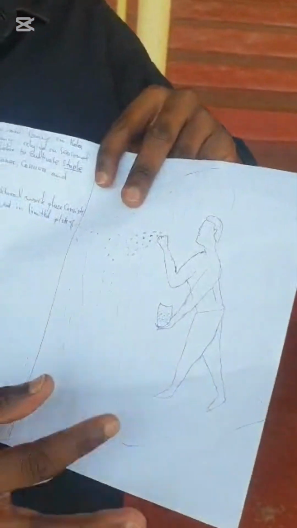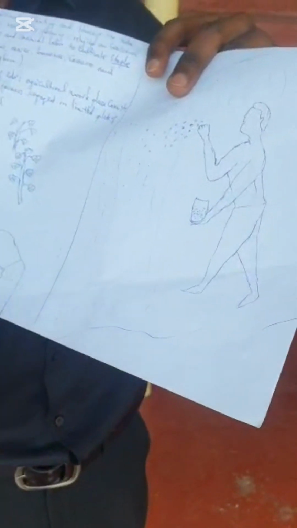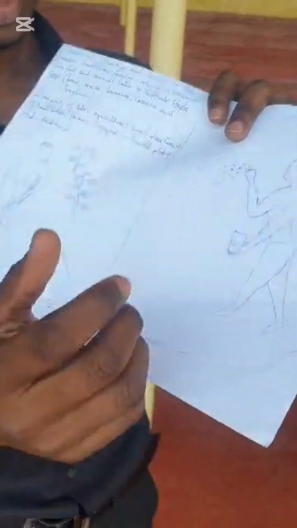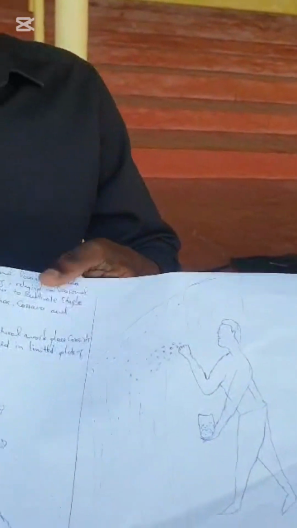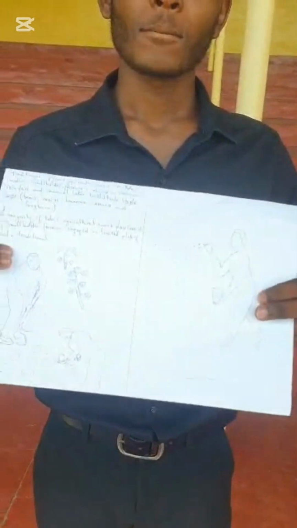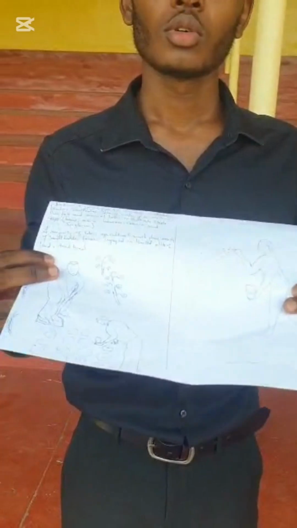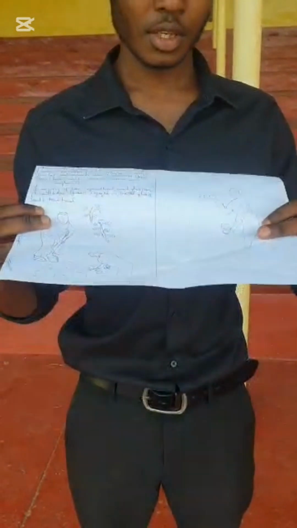Here there is another man who is sowing, maybe sorghum. This is a picture which shows how traditional planting and sowing practice is done.